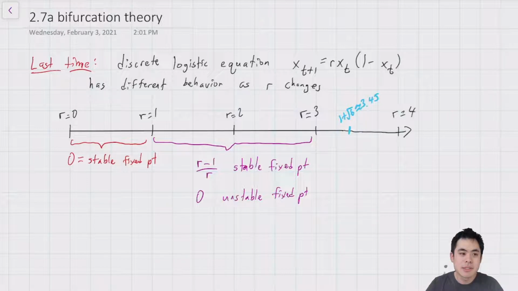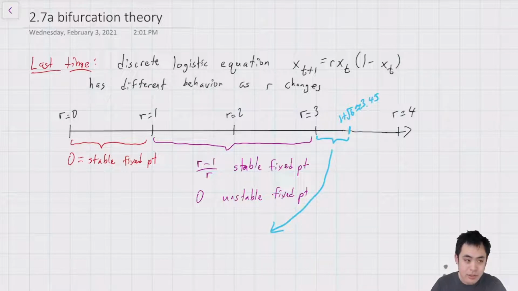So what happens in this region? Well, in this region, you have a stable 2 cycle. So 0 and r minus 1 over r are unstable, and you have a stable 2 cycle.